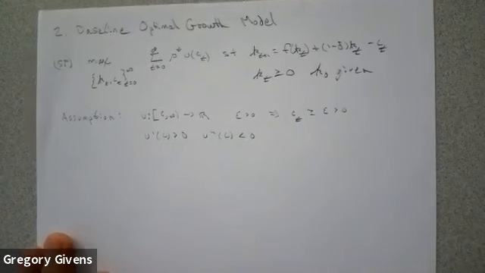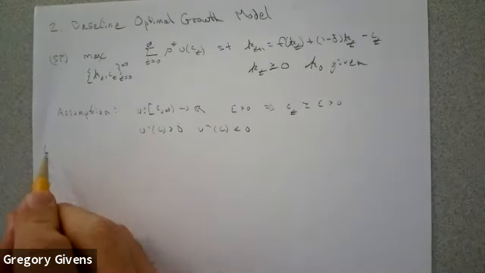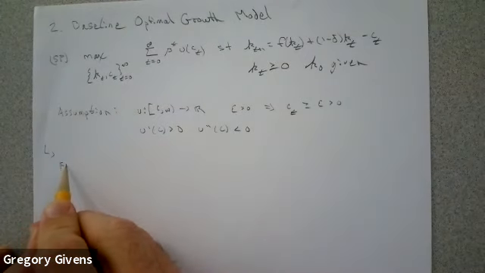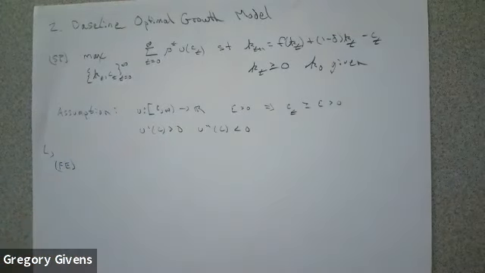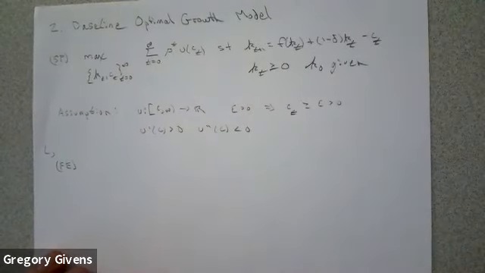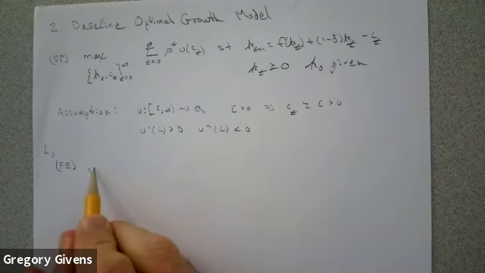Everybody's cool with that? Okay, so the first step in our process here is to transform the sequence problem into a functional equation. All right, you guys tell me, what does that Bellman equation look like in the optimal growth model? The infinite horizon sequence problem is transformed into basically a 2-period functional equation in the unknown value function, right?